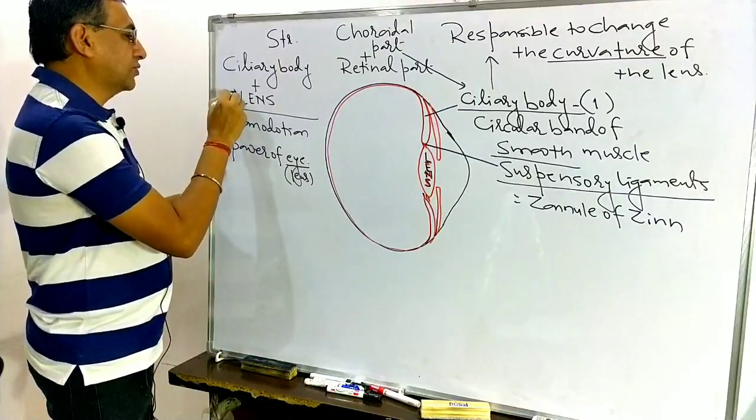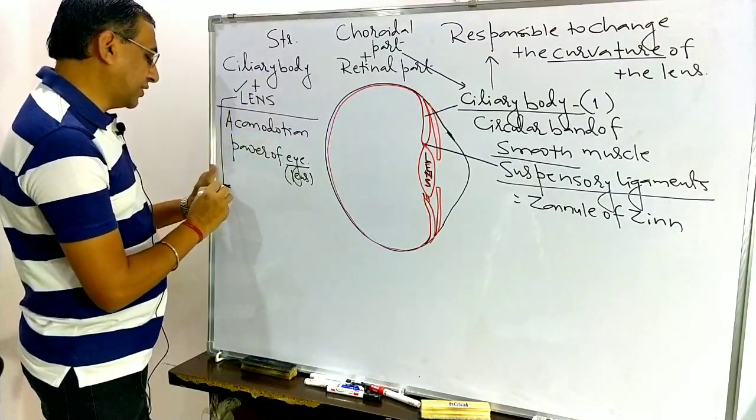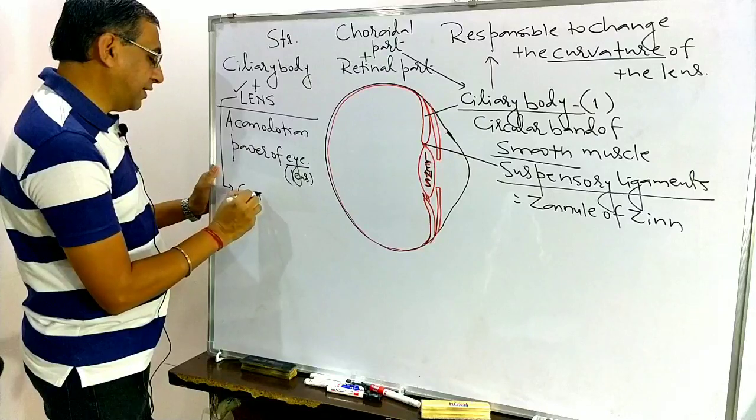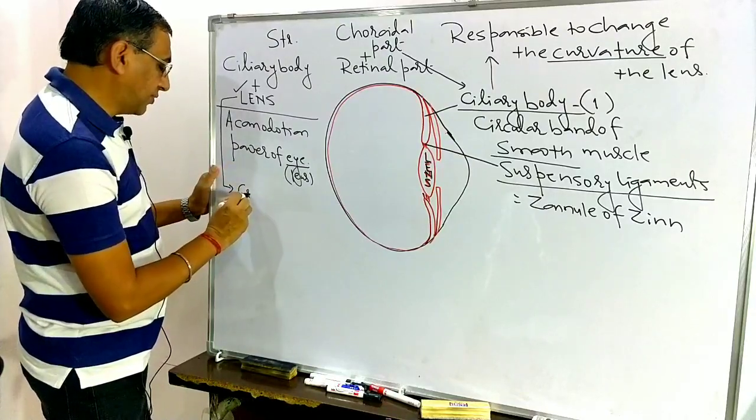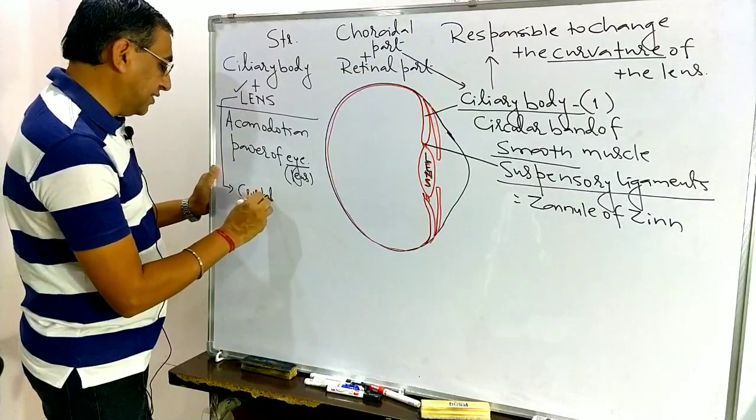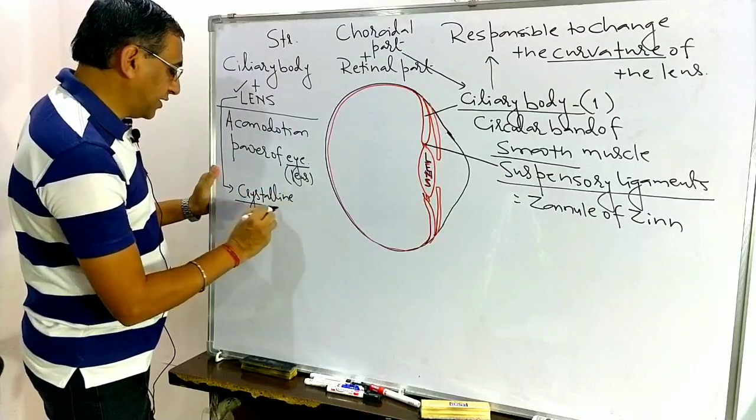Now, about the lens: in human beings the lens is biconvex, crystalline, and a transparent structure.